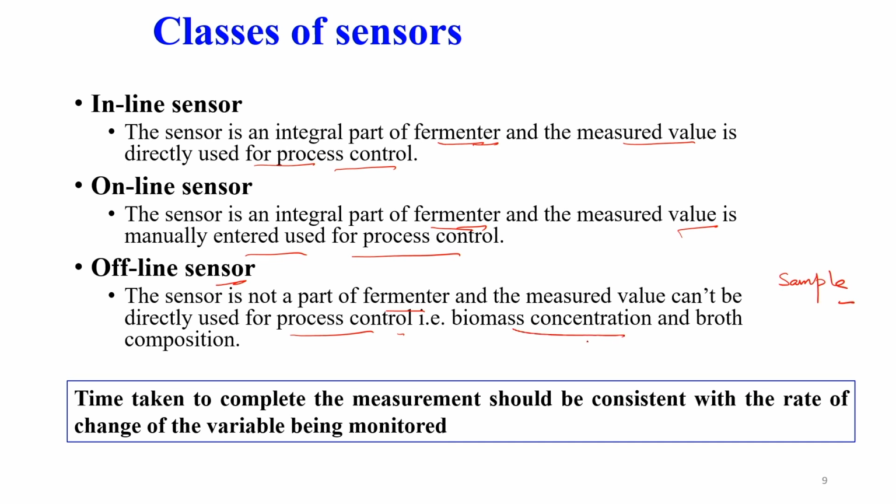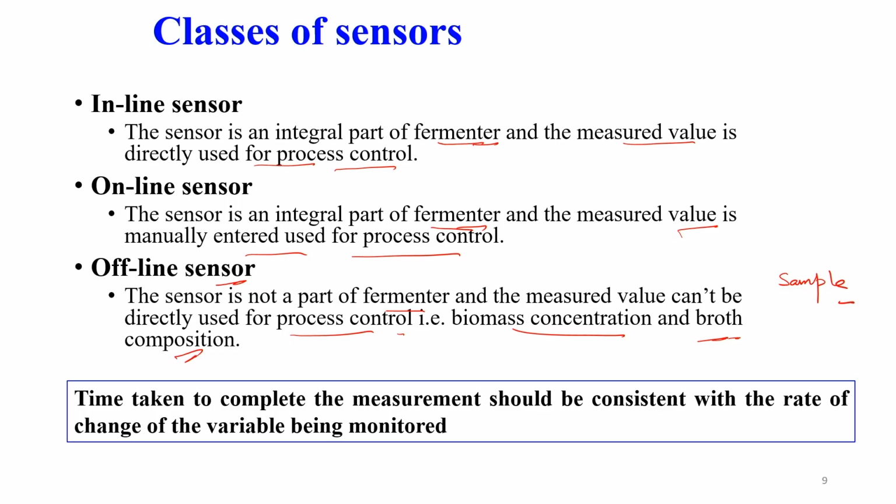For example, biomass concentration, if you are taking out the liquid and analyzing, or the product and substrate concentration from the broth sample. So, you take out the sample, analyze, then you understand what is your biomass concentration with time, what is your substrate concentration with time, and what is your product concentration with time.